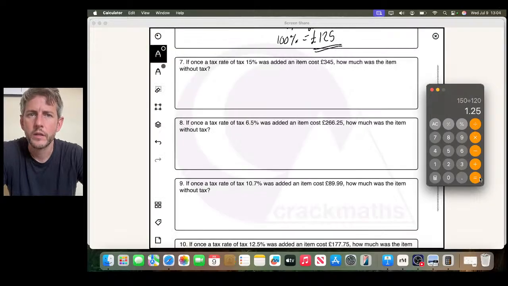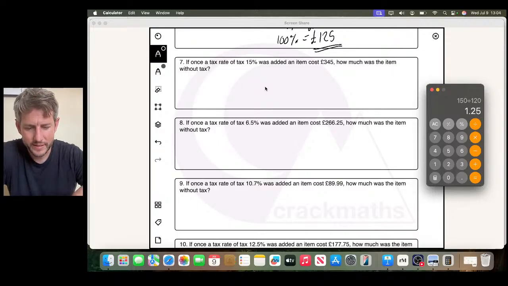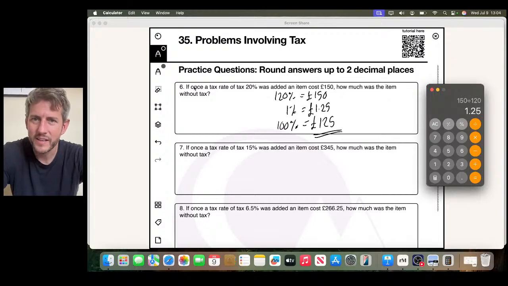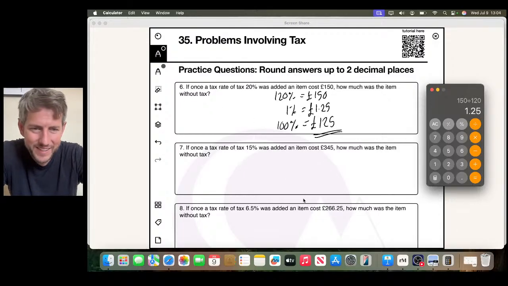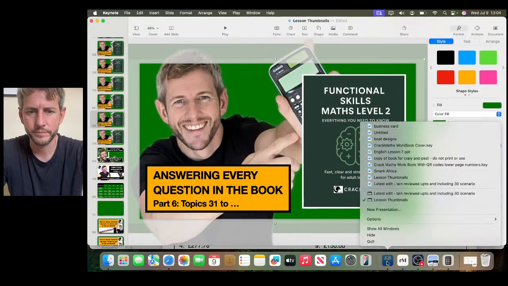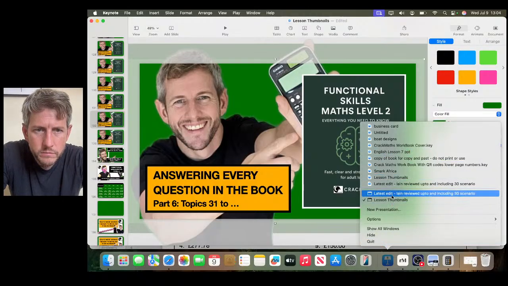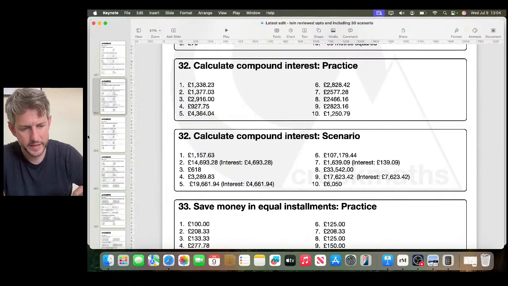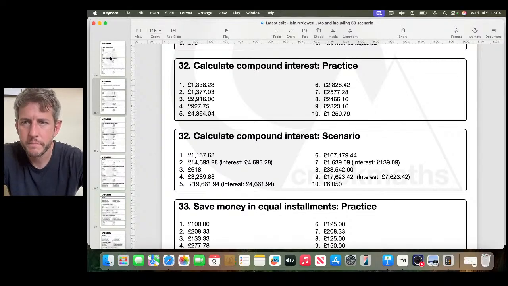Question 7. If once a tax rate of 15... One second. Oh, that's what it wasn't making sense. If once a tax rate of tax 20%... Oh, I've added an extra word tax in all of these. Okay, right. One second. I need to fix this. That's not the one that I want. Right, here we go. So, one second. What page is this? Let me just have a look here. 147.